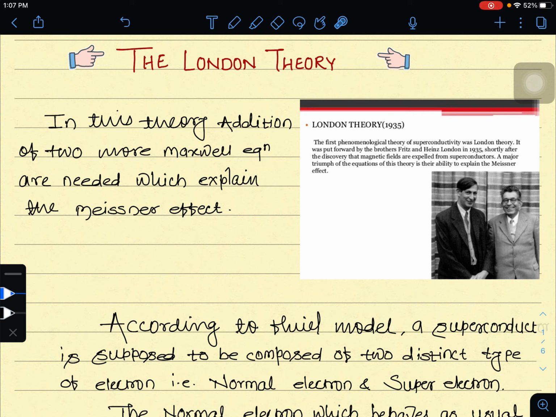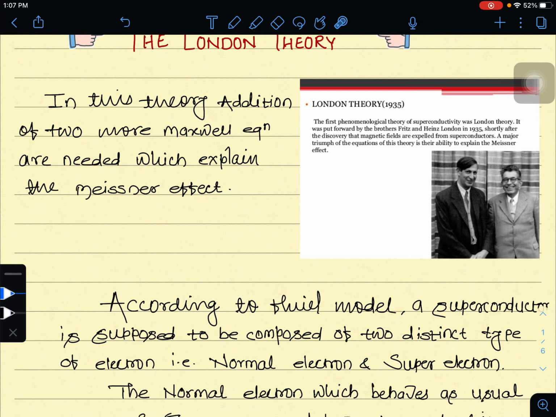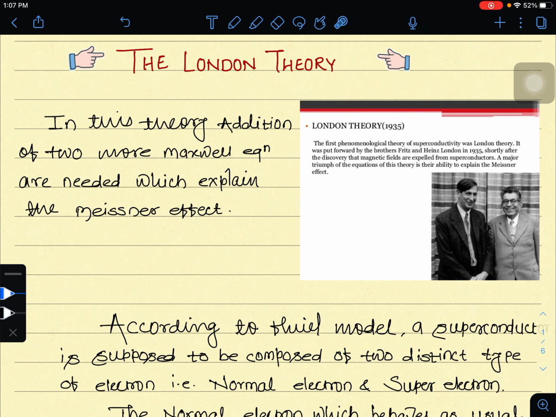It discovers that the magnetic field is expelled from the superconductor. That means it is a very essential topic regarding the magnetic field. First, I want to say here, we know the Maxwell equations very well, but when superconductivity was introduced, the Maxwell equations could not explain these formulas, or it was not clear from the Maxwell equations.